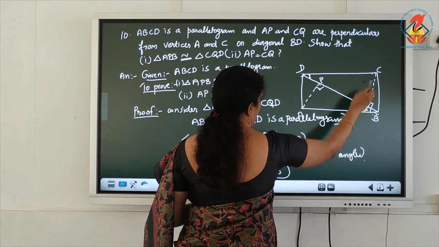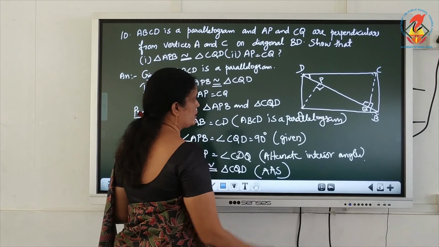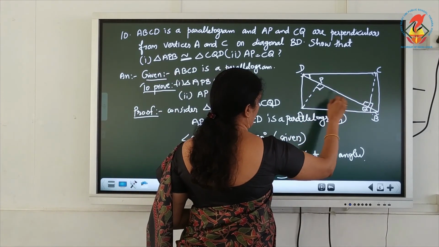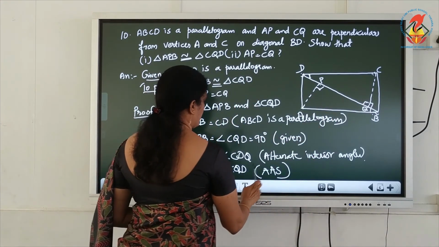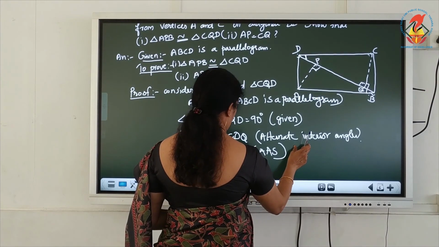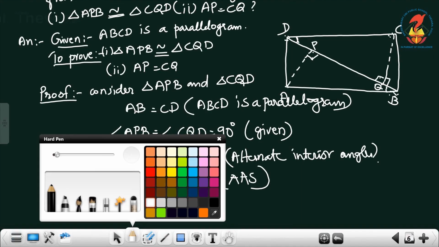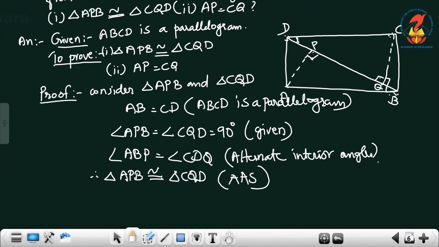That means AP and CQ are equal because these two are corresponding parts of congruent triangles. AP equal to CQ, corresponding parts of a congruent triangle.